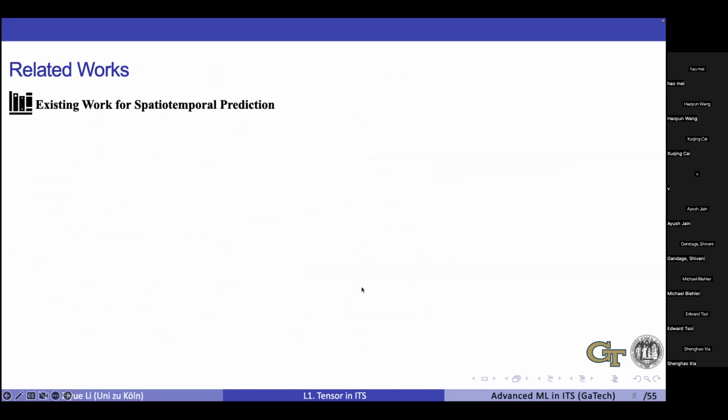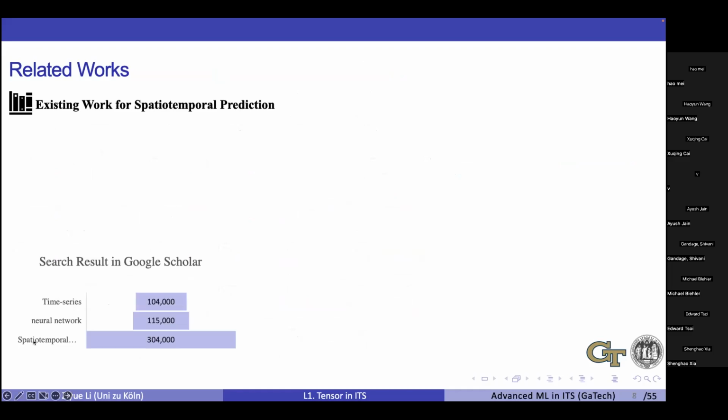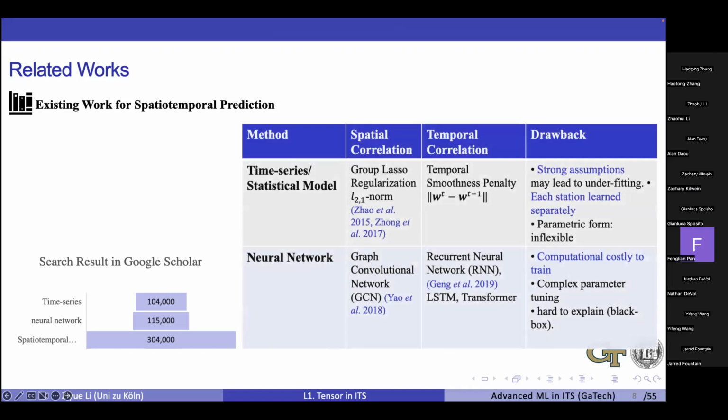So what work has been done for spatial temporal prediction? There are several works. If you search Google Scholar for spatial temporal prediction, you can find around 300,000 papers about that. One third of them use deep learning techniques. Another third use traditional time series methods, for example ARIMA or Holt-Winters.